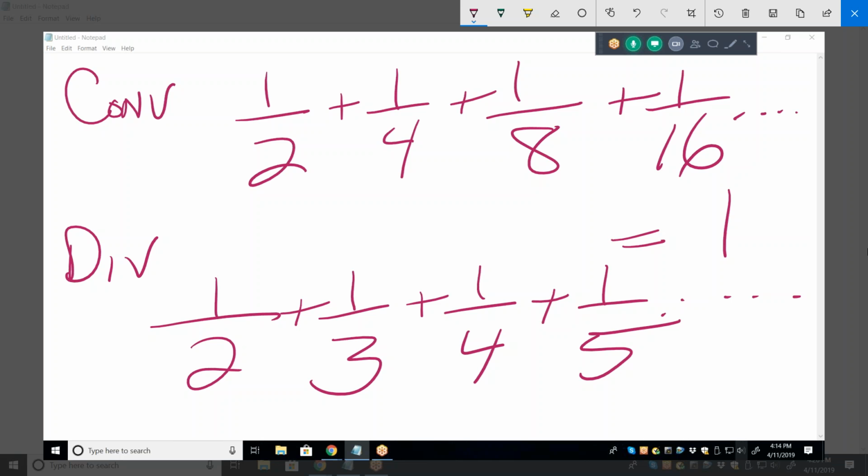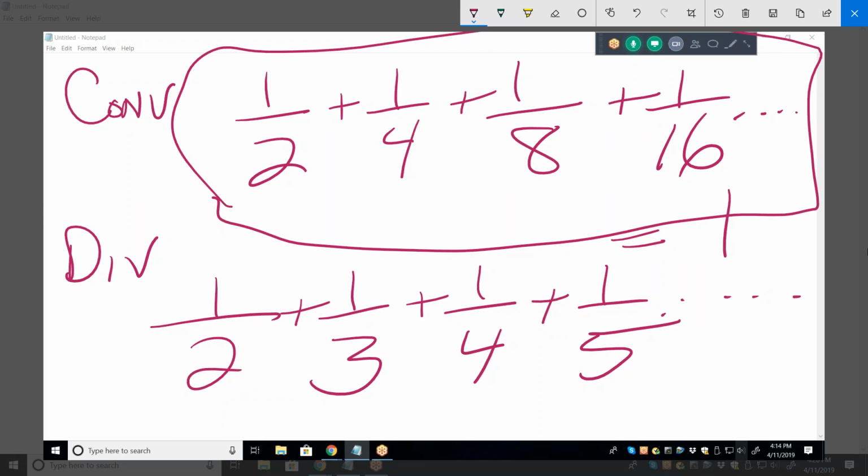You can't find the sum of a series if it diverges. But if it converges, then it'll go to a number and you can actually use that formula to figure out what that thing goes to. I used the graphical representation to show that that went to 1.